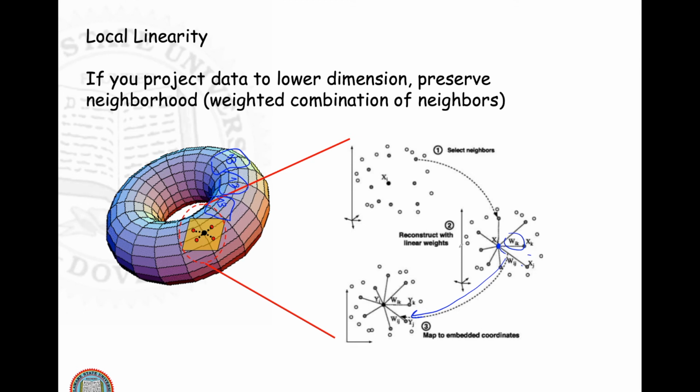So that's what LLE is doing. It's combining this idea of relative relationship across all of the data, like we saw in MDS, but it's doing so by assembling a bunch of local relationships, one small patch or neighborhood at a time.